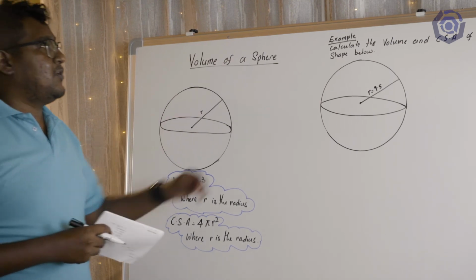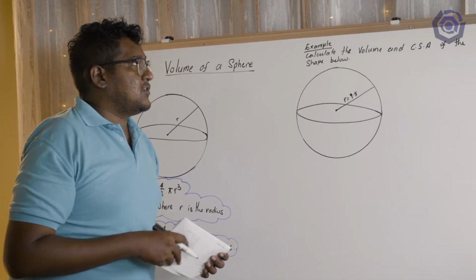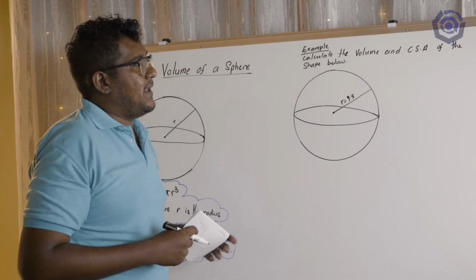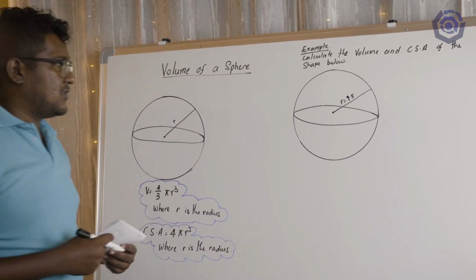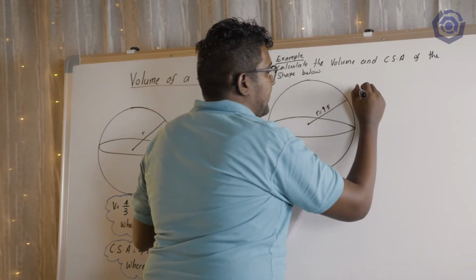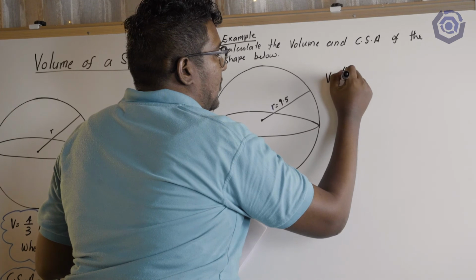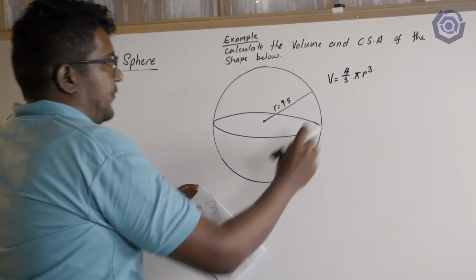Now you have an example where you have to calculate the volume and curved surface area of the shape below. They gave you the radius as 9.5. So let's find the volume and the curved surface area. The formula for volume V is equal to 4/3 pi r cubed.